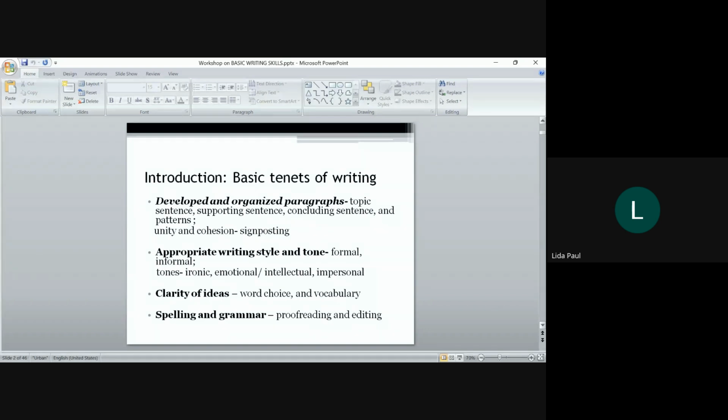Why do you do that? Because clarity of ideas is very, very important, whether you're writing or speaking, right? So for that purpose, once you're done with your paragraph, writing and organization, and choosing the style that you require to write it down, the third thing that you need to ensure is that there is good clarity of the idea that you presented.